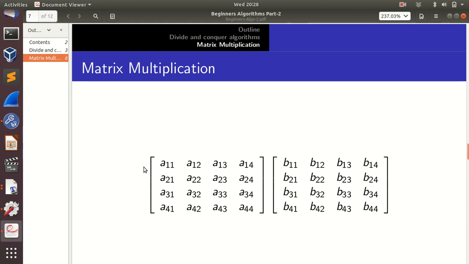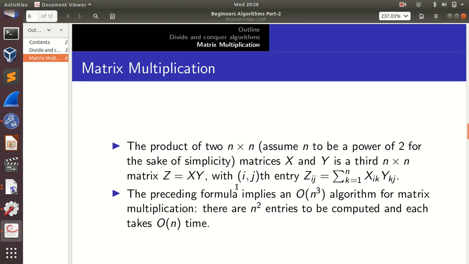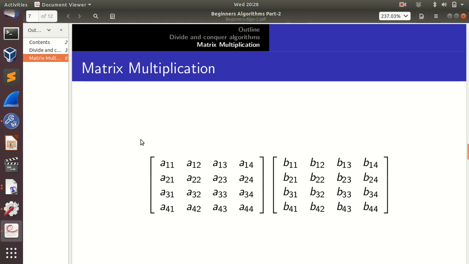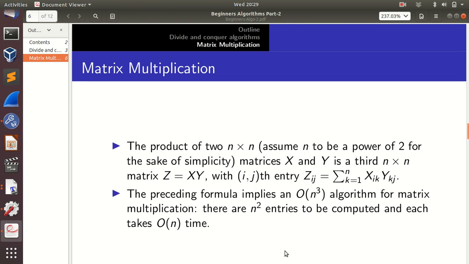If this row has n elements and this column has n elements, then to calculate just one term of Z, we are doing roughly n computations. So for calculating each entry of Z we take order n time, and since there are n square entries, we will be taking order n cube.